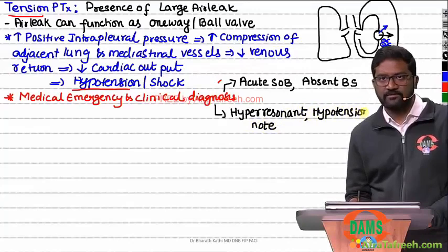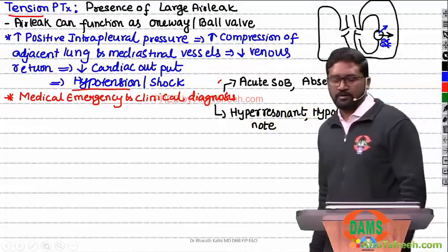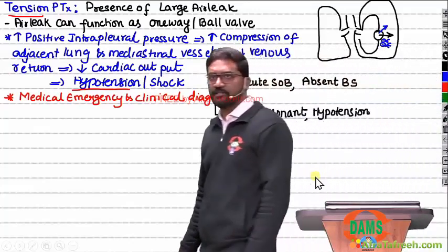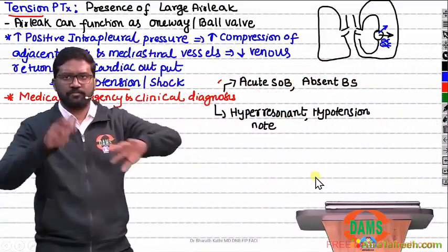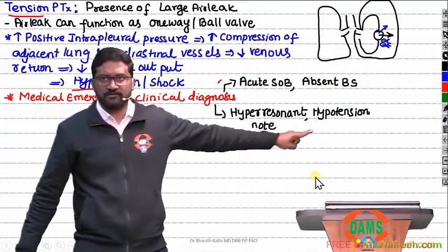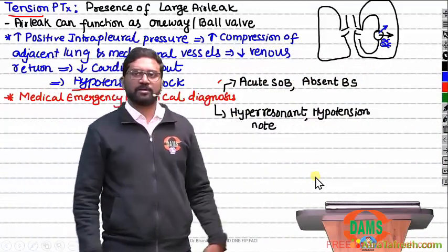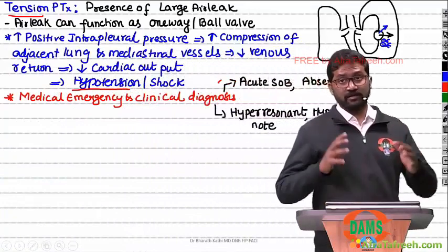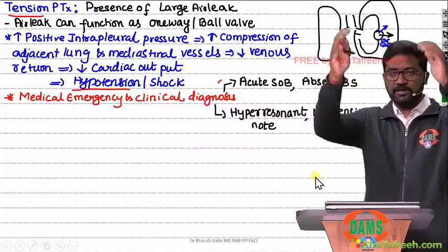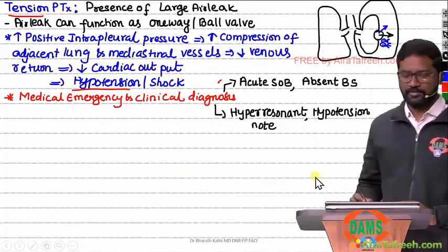If you see this in combination, acute shortness of breath, absent breath sounds, hyper-resonant note on percussion, and hypotension, your suspicion should be tension pneumothorax.